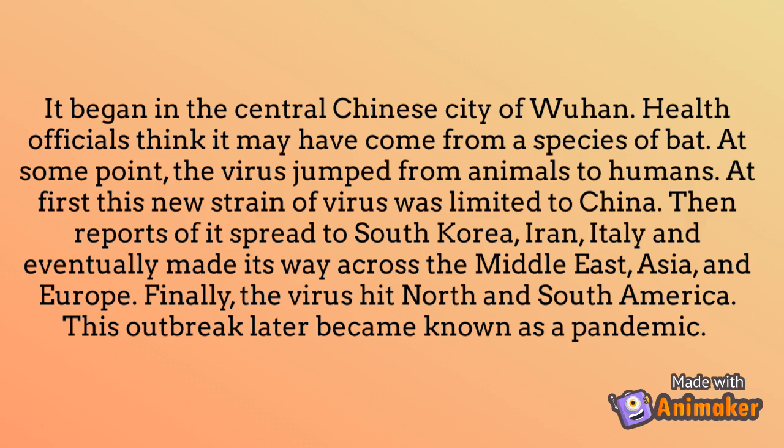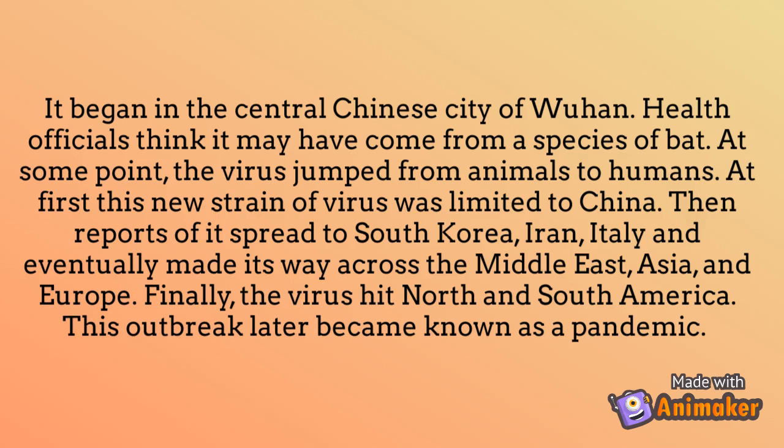It began in the central Chinese city of Wuhan. Health officials think it may have come from a species of bat. At some point, the virus jumped from animals to humans. At first, this new strain of virus was limited to China.